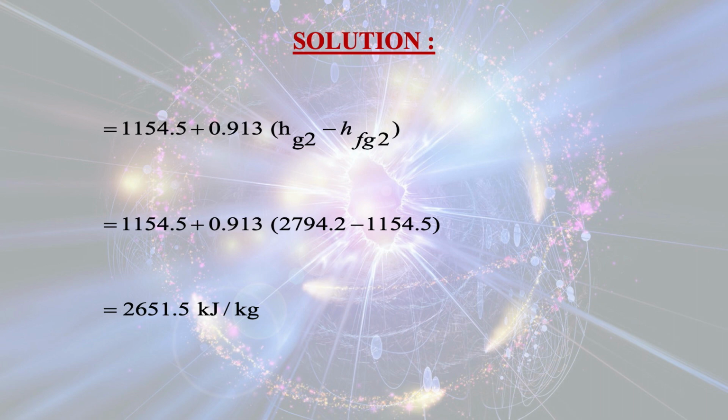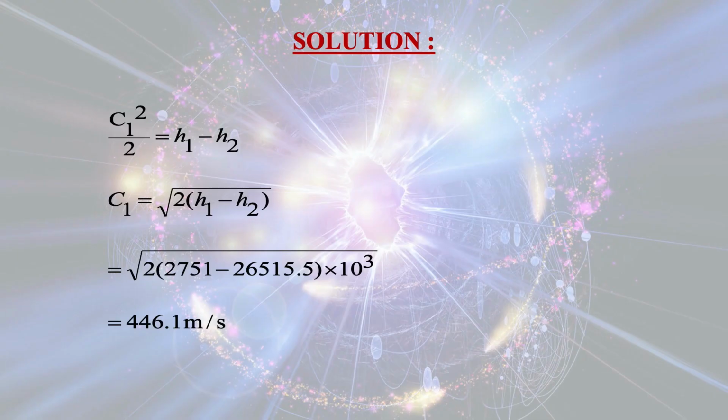2651.5 kilojoule per kg. Now we know the flow equation for the nozzles, that is C1 square by 2 is equal to H1 minus H2. We know H1, we know H2. So C1 for this particular case we can calculate by putting the value of H1, H2, but we have to be very careful while solving this problem so that you will get the correct result.